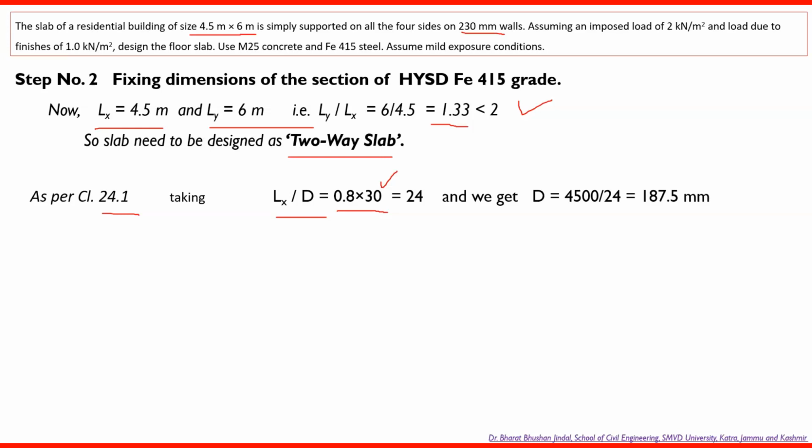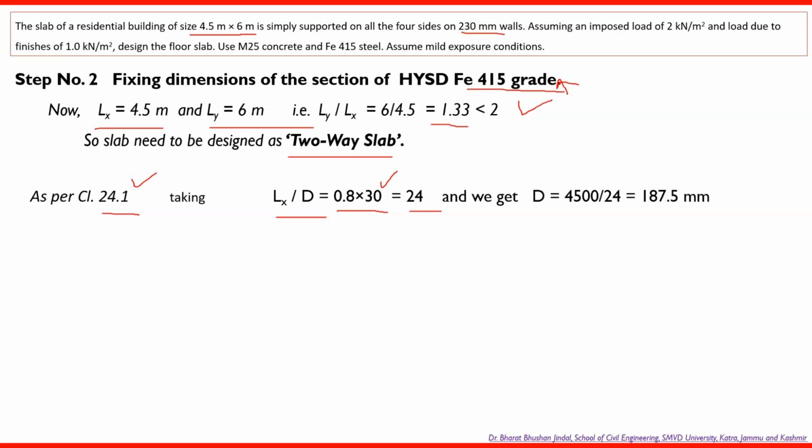However, because you are not using mild steel but high strength steel, that is Fe 415, as per clause 24.1 this ratio of 30 can be multiplied by 0.8. So ultimately we get Lx by D equal to 24.